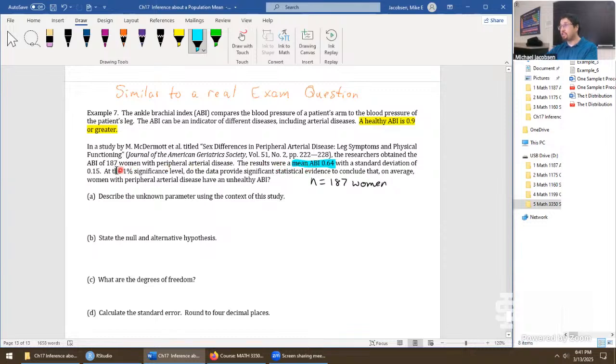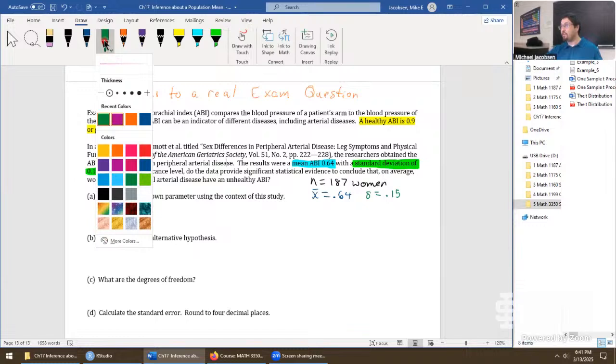This mean is talking about the 187 women. That's not the population, that's just the sample. So that immediately implies this mean is x bar equals 0.64. It says next with a standard deviation of 0.15, same concept, that's the sample's standard deviation. So s equals 0.15. We have a 1% significance level, so we'll want to come back to that as well.